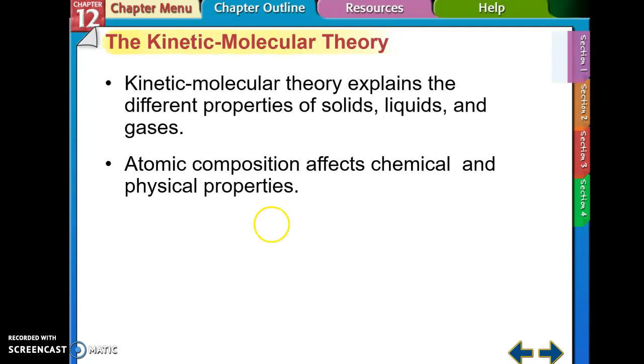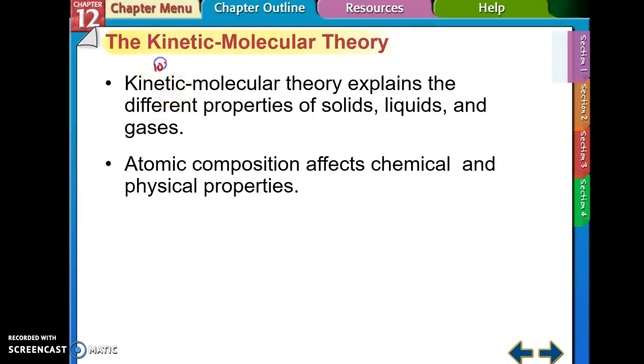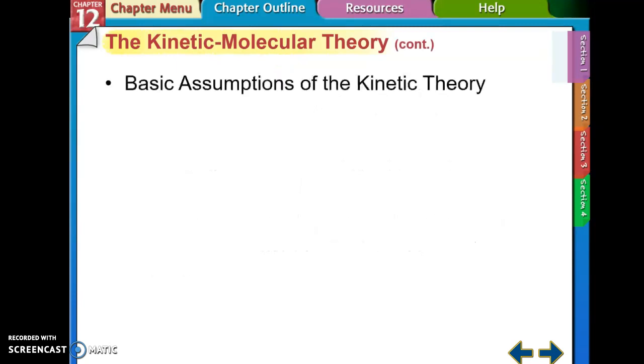So what we're going to be doing is talking about how the movement of the molecules makes something a gas, or a solid, or a liquid. So we talk about it on the atomic and particle level. The kinetic molecular theory describes the behavior of matter in terms of particles in motion.